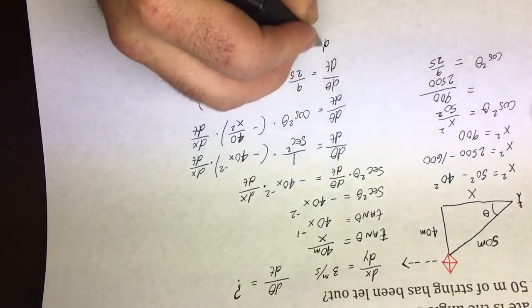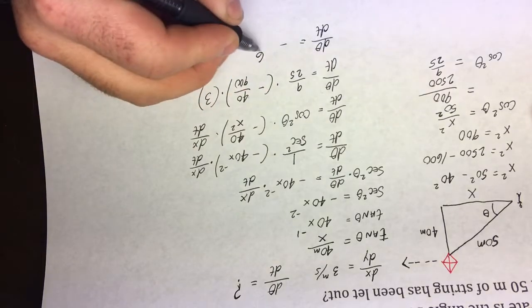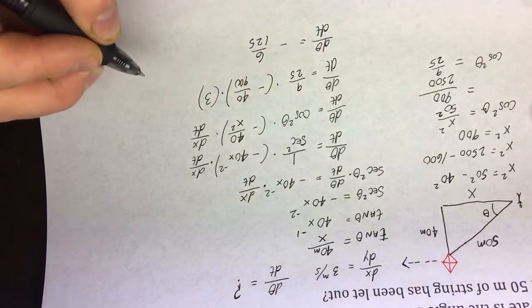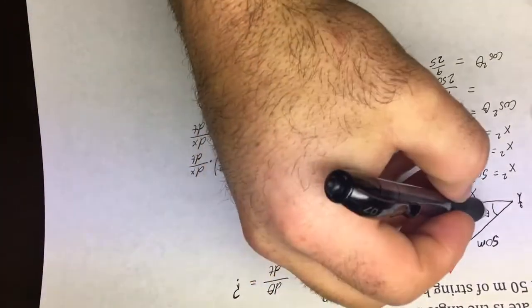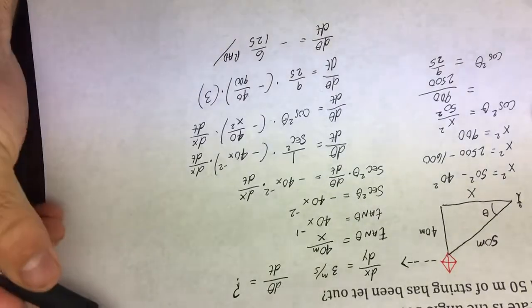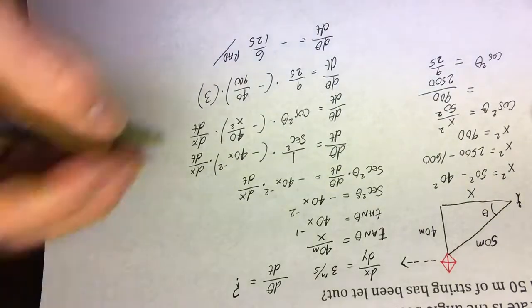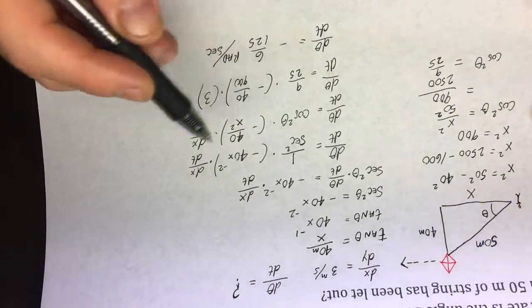After plugging it in our calculators, we get negative 6 over 125. And now remember our units. We're dealing with theta, so we know we're going to have radians over seconds. And remember, it is decreasing.